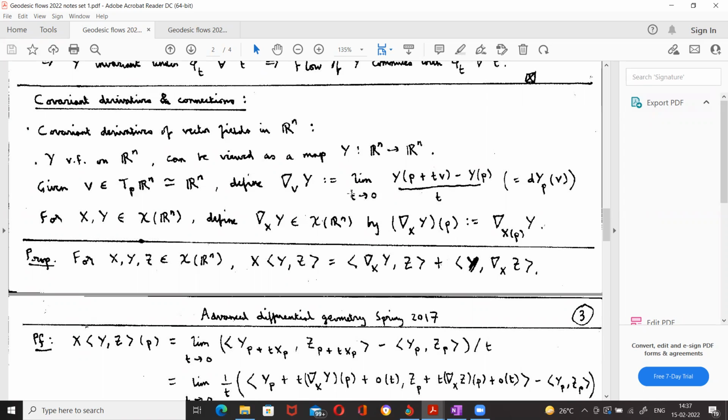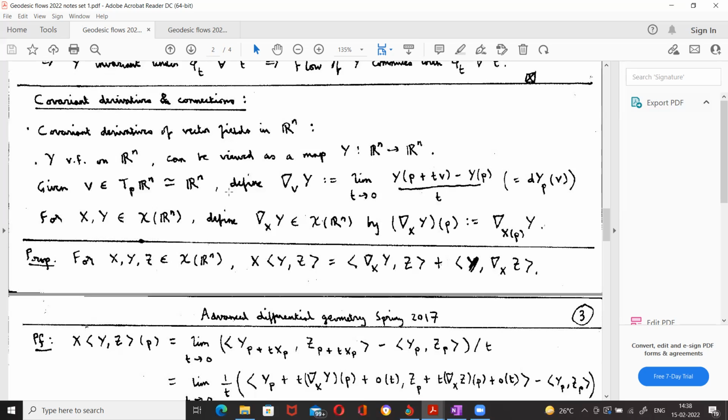So this is the limit as t tends to 0 of Y(p + tv) minus Y(p), divided by t. Okay. So if I think of Y as a map from Rn to Rn, then I know what this is. This is nothing but the derivative dY at p applied to the vector v. Y is a smooth vector field, I'm assuming.